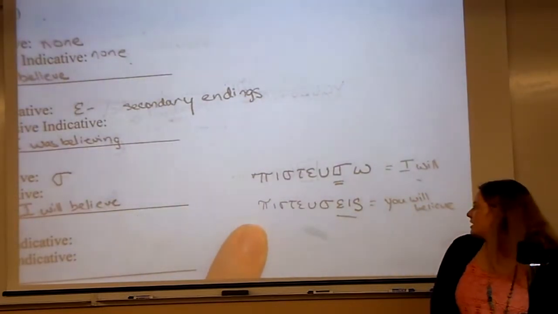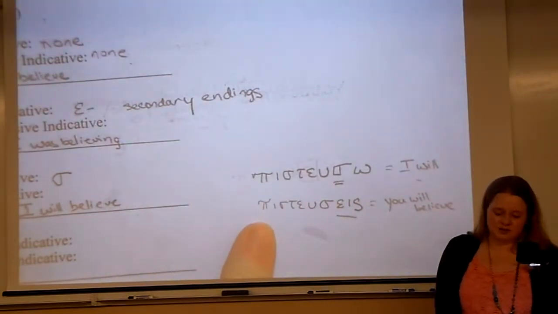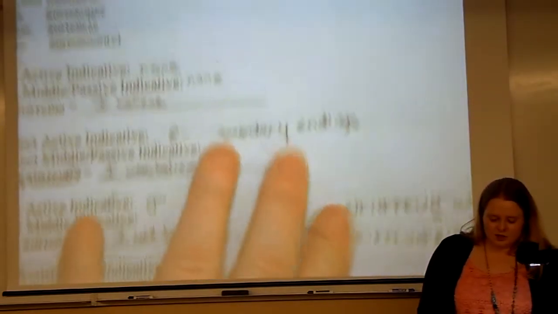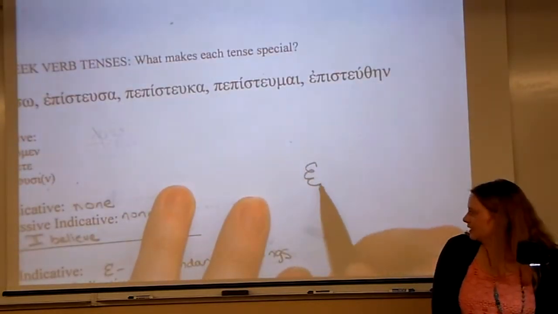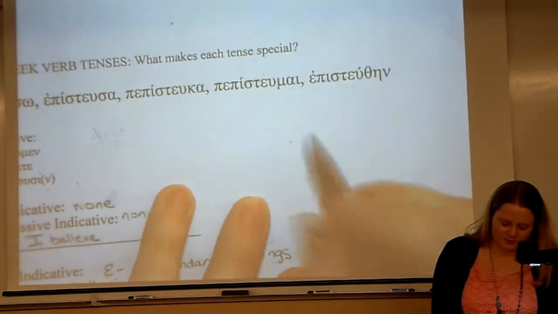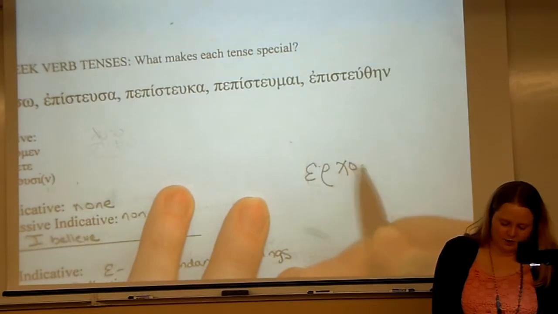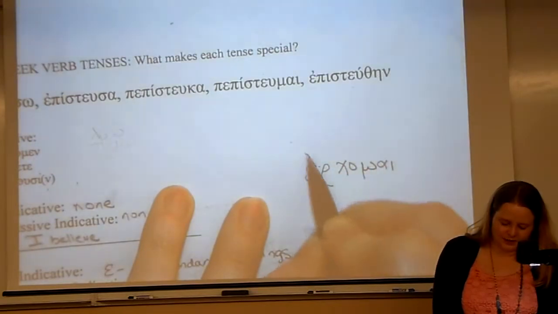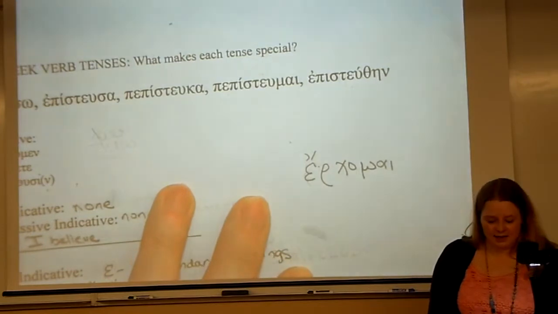The reason that this is a second principal part, though, is that there are some words for which I can't do that so easily. Let me show you another verb. Do you know this verb? Well, you do. I just don't know if you remember it off the top of your head. Not with that many loops, you don't. Erchomai. Like this. That means I come, I go.